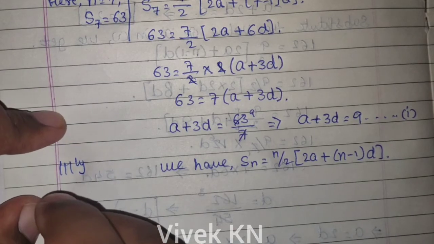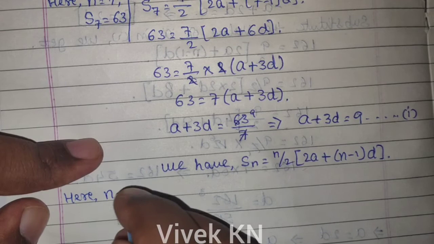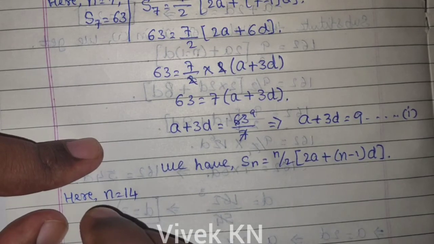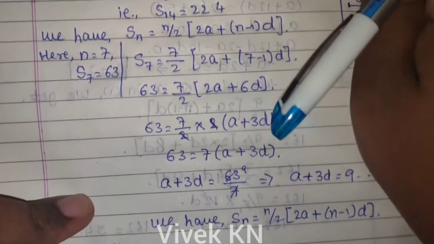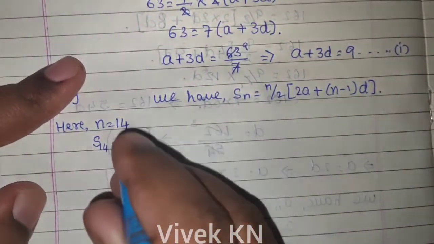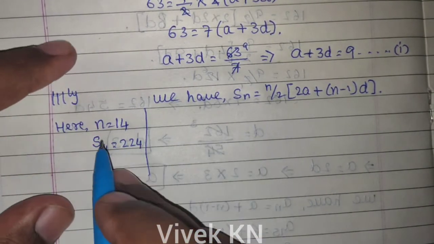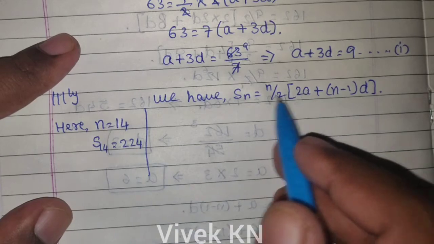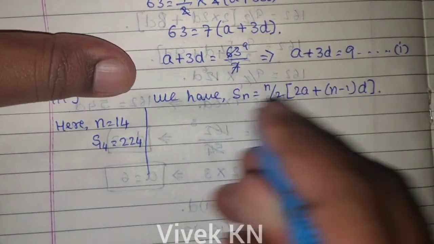Here we have to substitute n as 14 and the S14 value is 224.